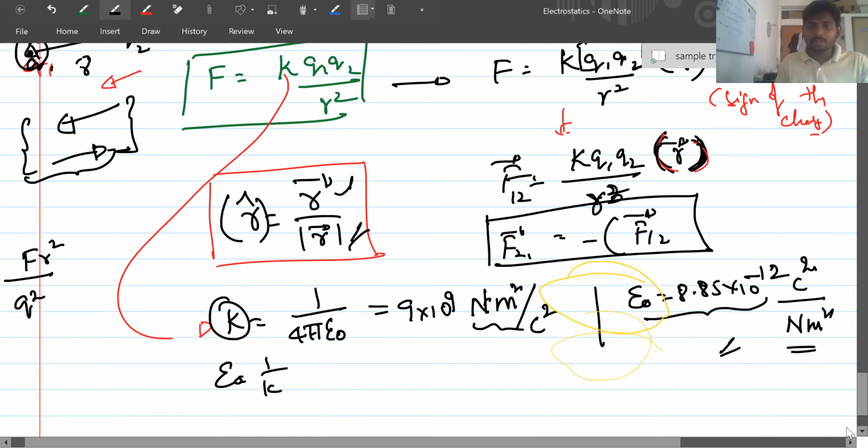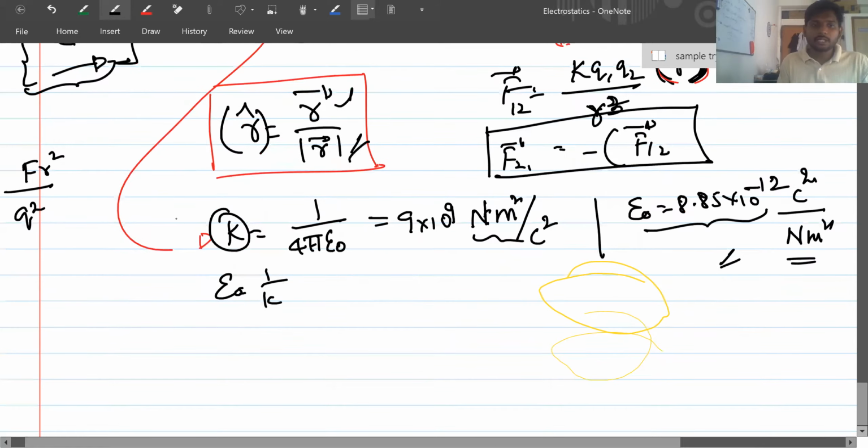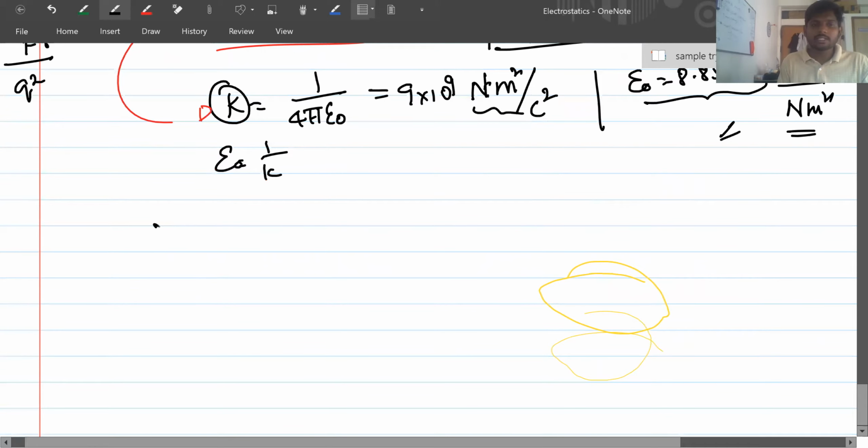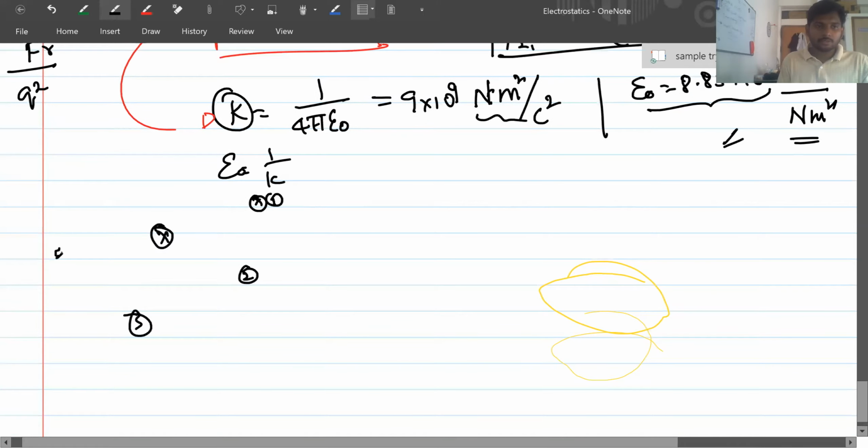And if there are multiple point charges, suppose one charge is influenced by many other charges, the first, second, third and fourth charge.